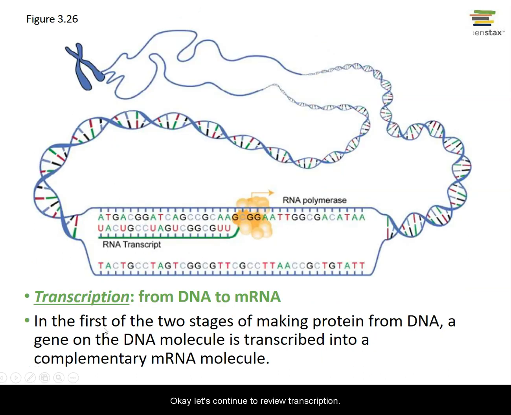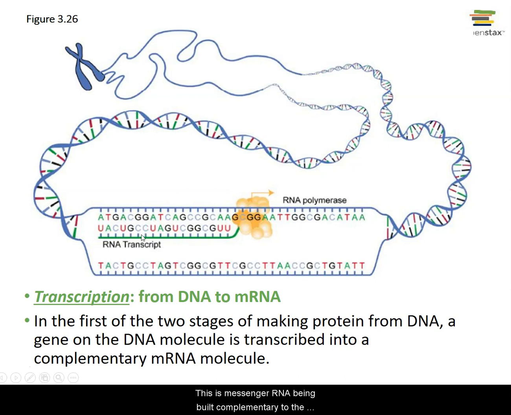Okay, let's continue to review. Transcription is happening in the nucleus where you have a DNA molecule unzips. Okay, this is the original DNA molecule. A complementary strand is built complementary to the DNA, and it's RNA transcript.